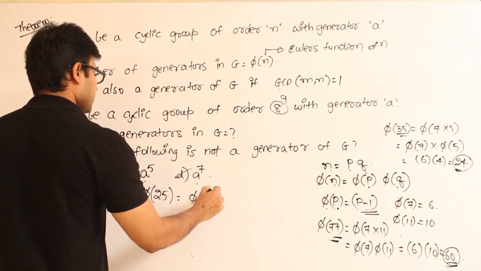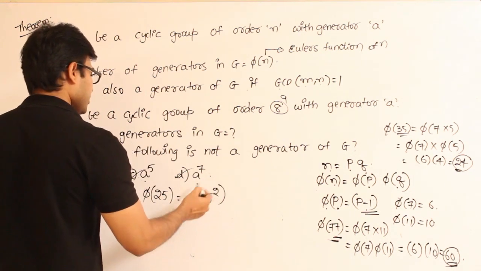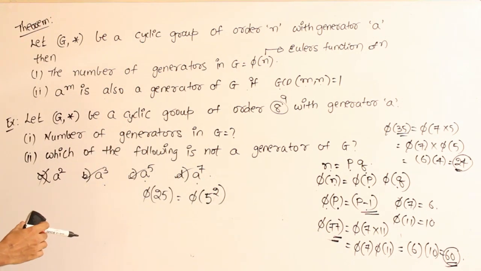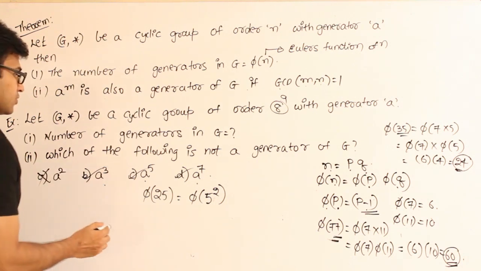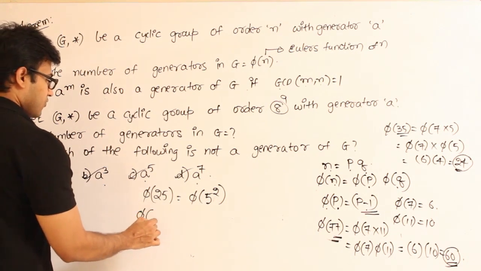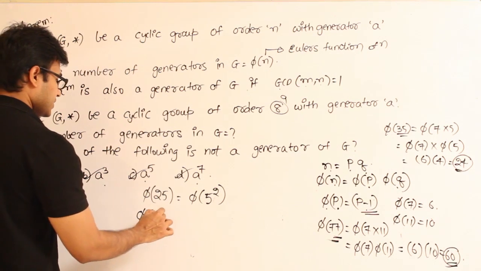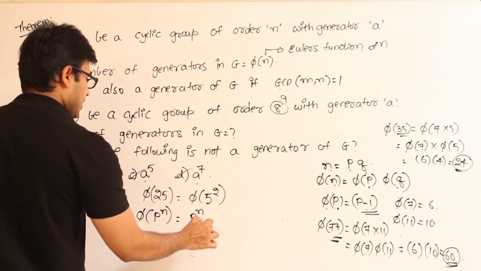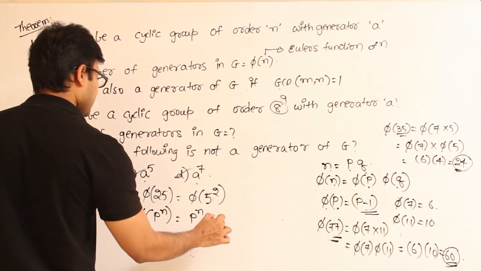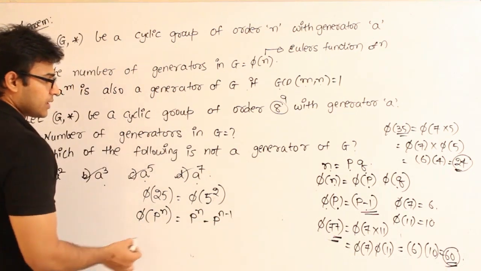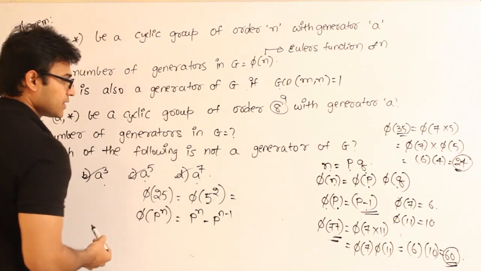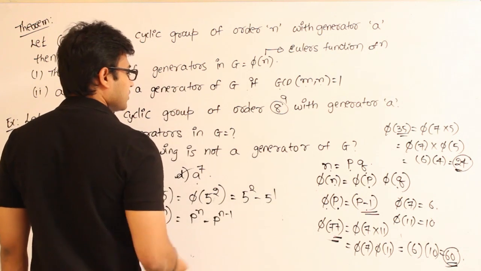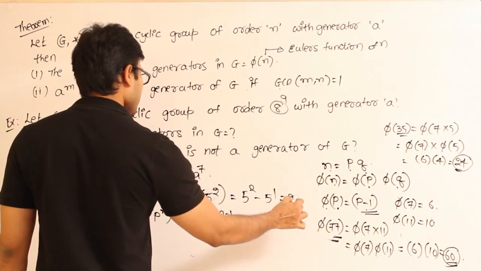Whenever you have repetitions, you have to use a different rule. That is one rule where you don't have repetitions. Whenever you have repetitions, the rule is phi of p power n is equal to p power n minus p power n minus 1. So in this case, it is 5 power 2 minus 5 power 1, which is 20.